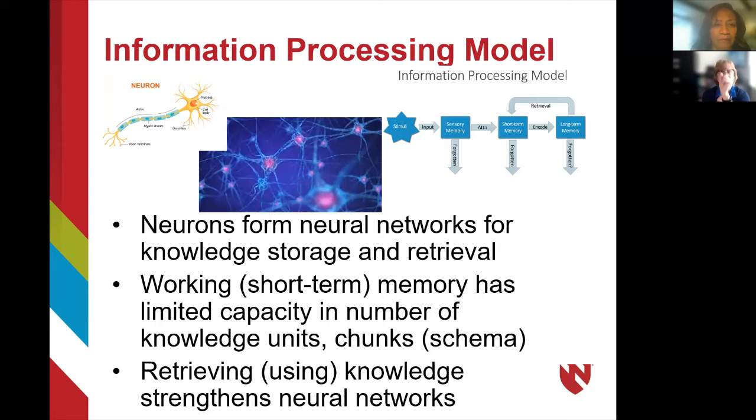The novice contains just a little bit of information. And as an instructor, what I want to do is help the student in this cycle of retrieving prior knowledge and incorporating it with new knowledge. And as I do that, it makes this retrieval much more efficient.